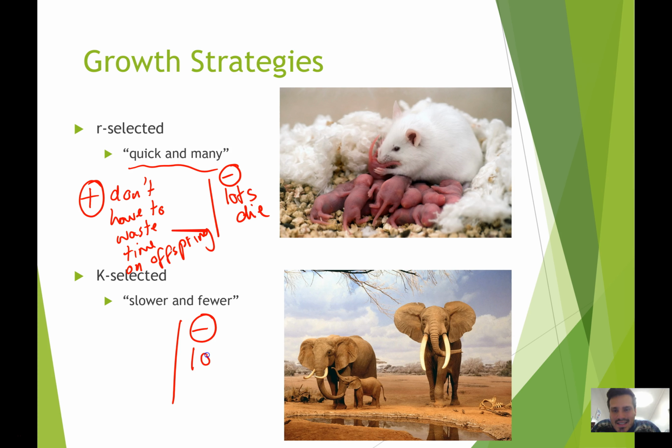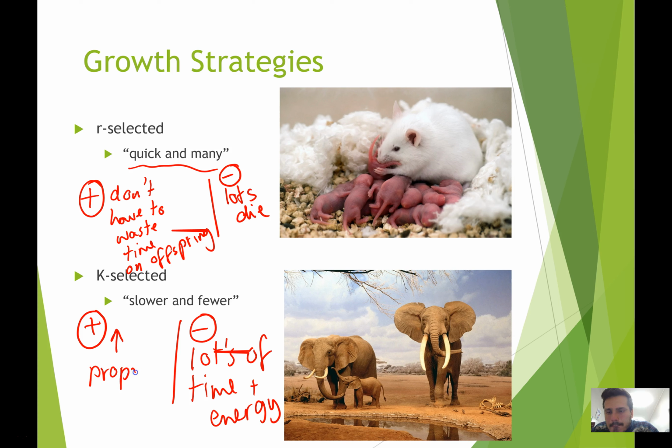So lots of time and energy. But the positive in this is that you can then make sure that your offspring is going to survive. So it's a higher probability of survival.